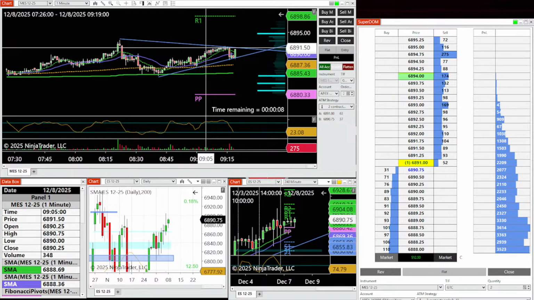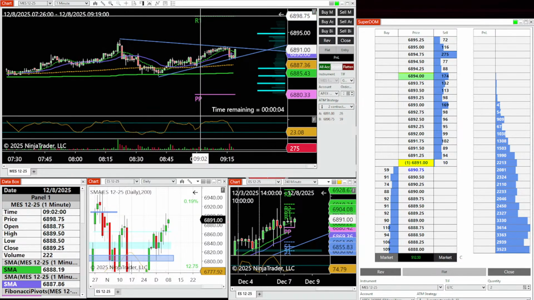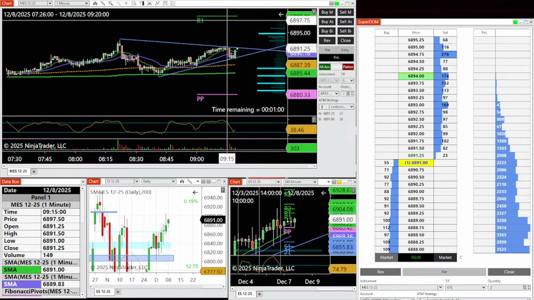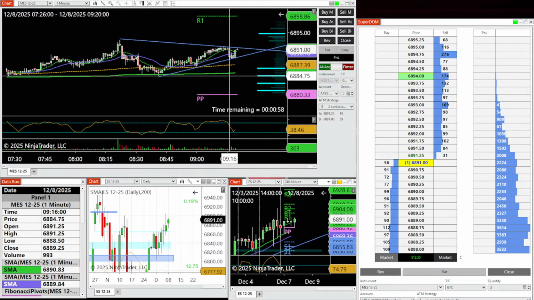Shakeout bar, and then will this be the move up to maybe 98? Break the overnight highs and get to 98.